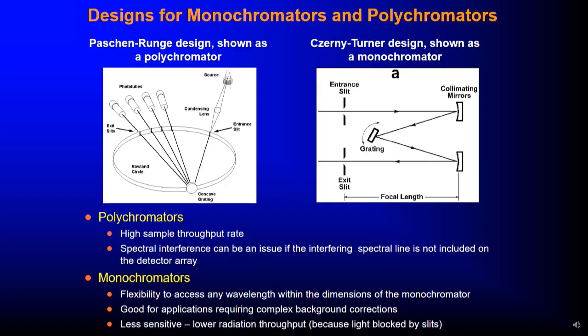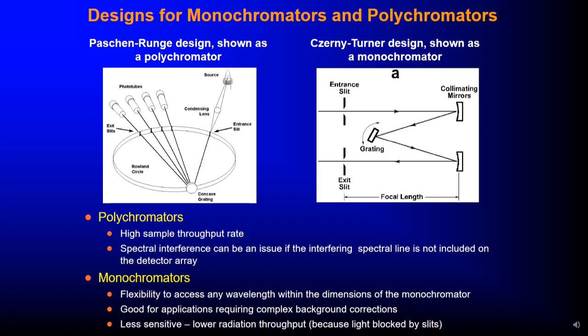So the monochromators, you can see the design. Those are the designs for monochromators. Also, you can see how light is being separated. There is high sample throughput for polychromators.